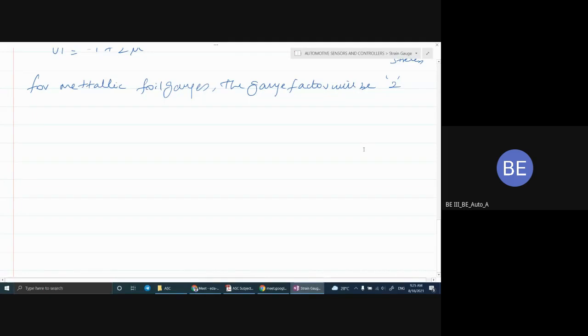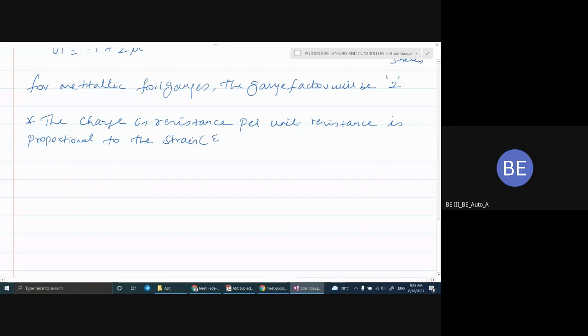Similarly, the change in resistance per unit resistance is proportional to the strain, that is summation of epsilon.